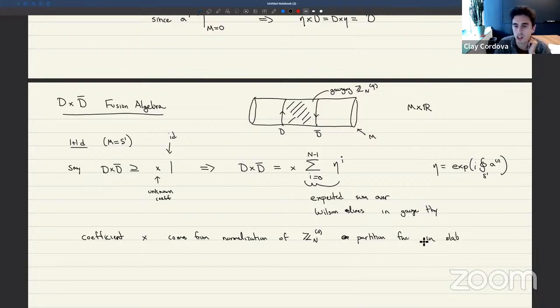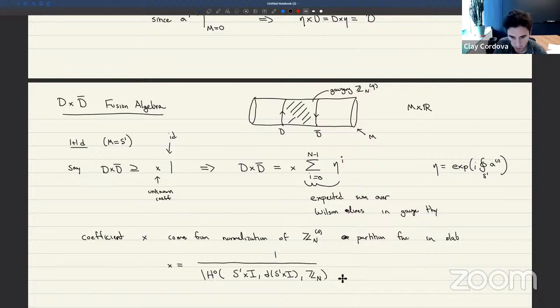And I say partition function here, but I mean that in the generalized sense, where we have all possible other operators inserted to the left and to the right here. So we're just isolating a piece that we're computing right now. So what is x? Well, it's 1 over H0 of S1 times interval relative to the boundary of S1 times interval. It's a relative cohomology calculation because we have these Dirichlet boundary conditions, and we just need the order of this group. And this is 1.